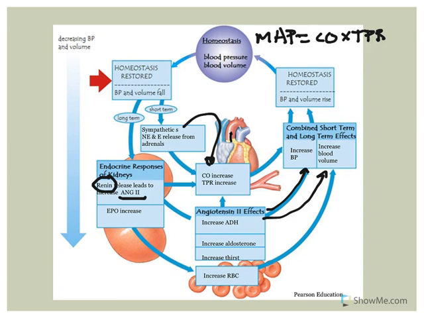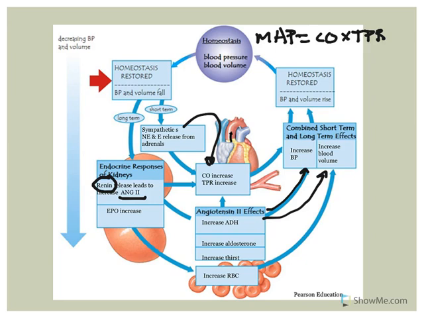Angiotensin 2 also has effects within the hypothalamus, which increases thirst. It also has effects directly within the kidney, which increases glomerular filtration rate. So it does have a number of different effects, but overall, I failed to mention that angiotensin 2 is a potent vasoconstrictor that would help to increase your blood pressure and your blood volume.